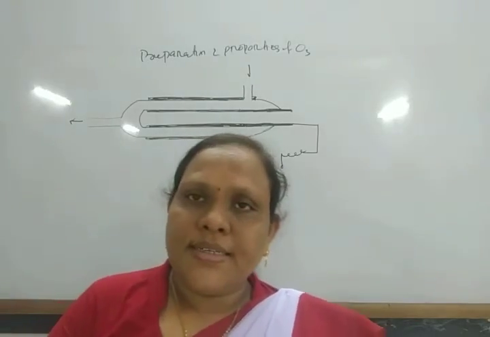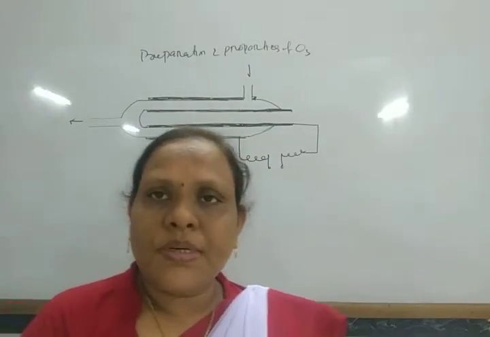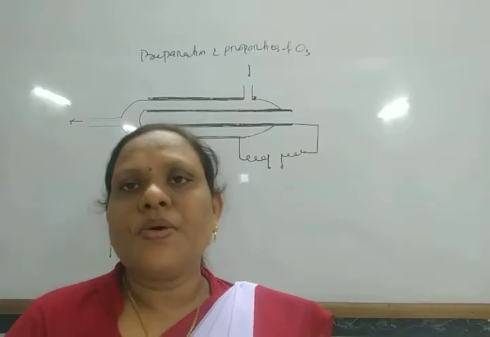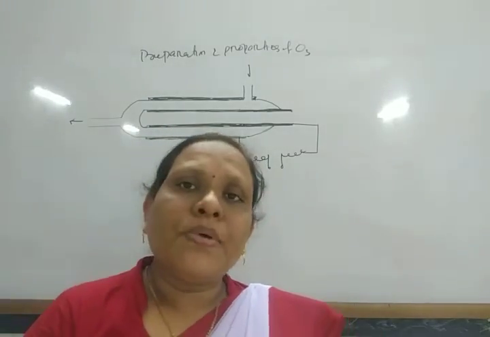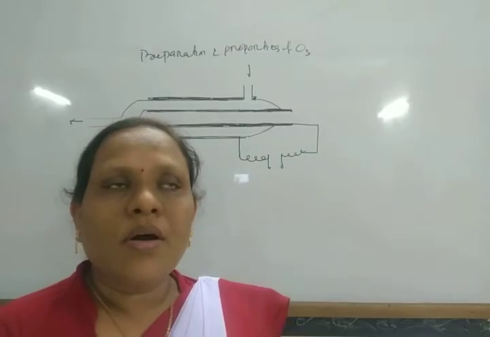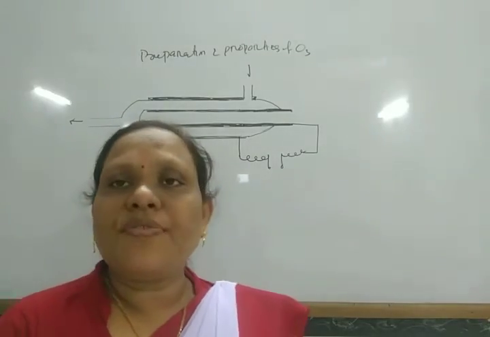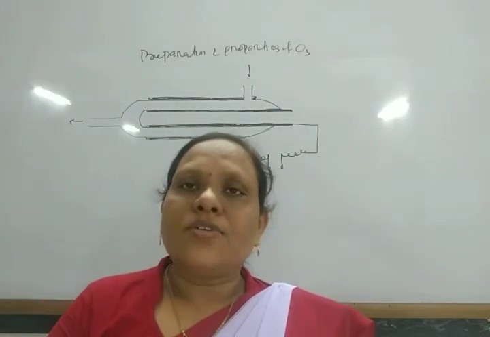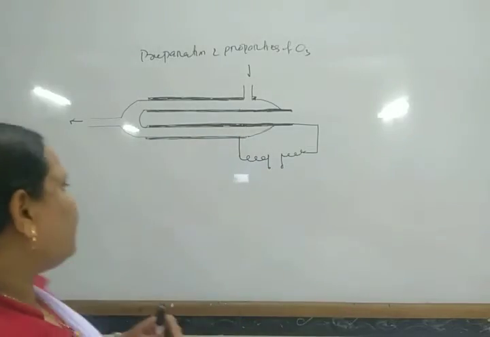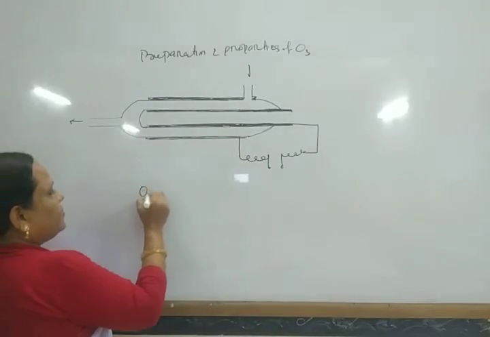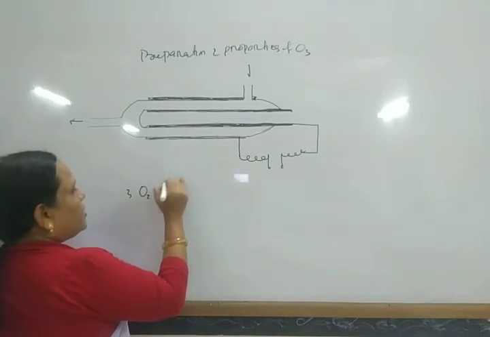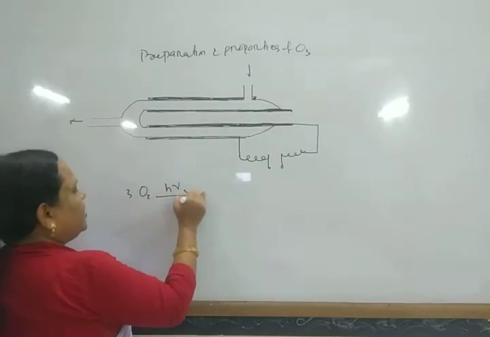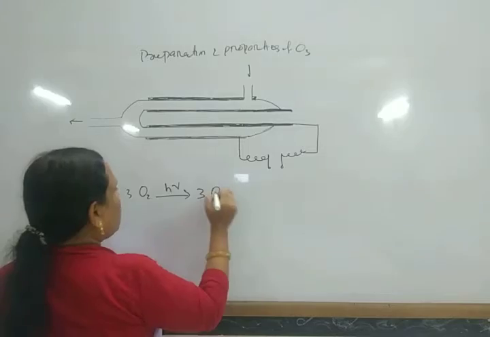It is present in the upper atmosphere, that is, in the stratosphere. A very thin layer of ozone is present. In the upper atmosphere, it is automatically prepared from oxygen. So oxygen in the presence of UV light, 3O2 gives 2O3. So in the presence of sunlight, it forms ozone.